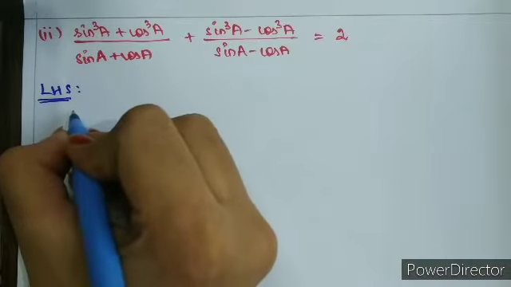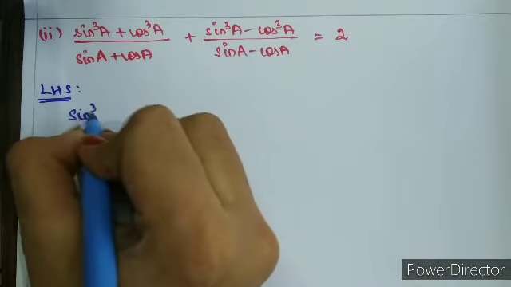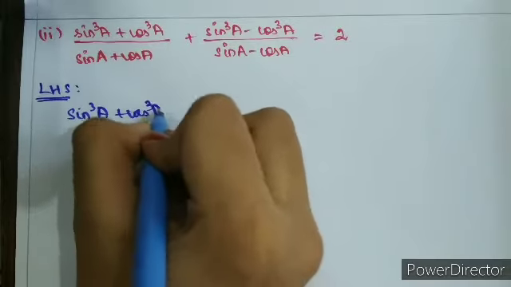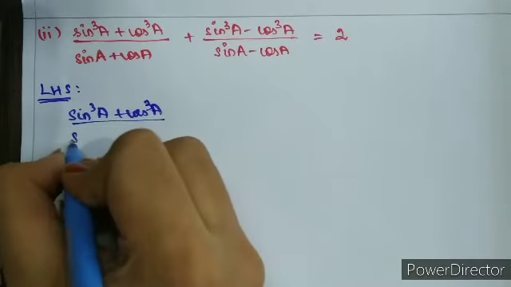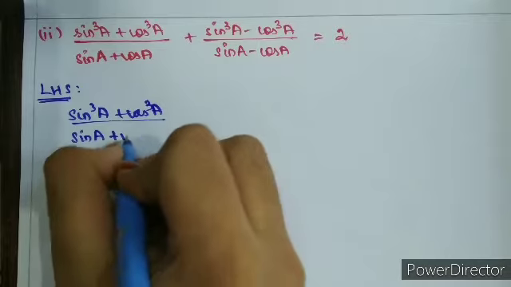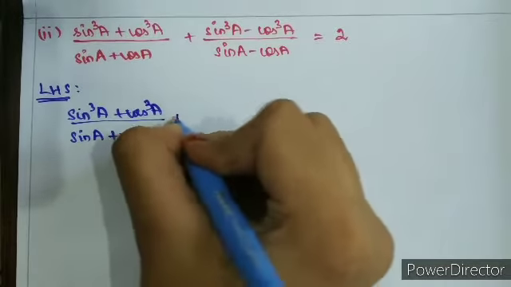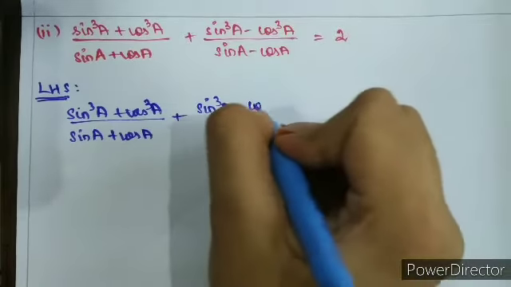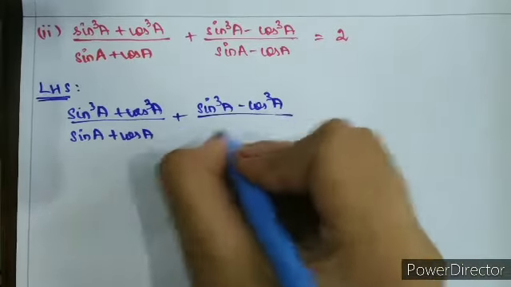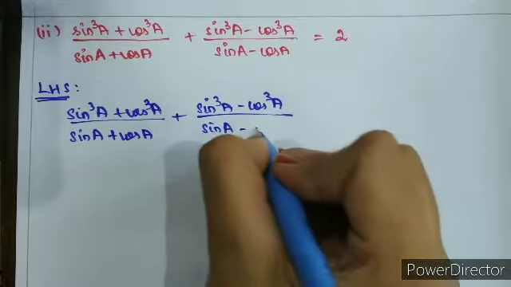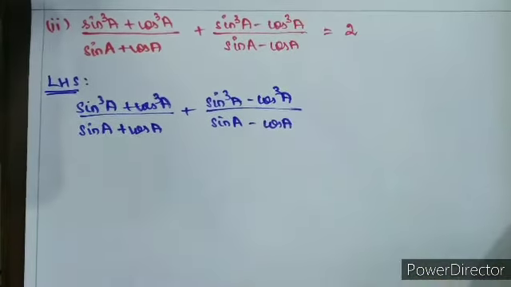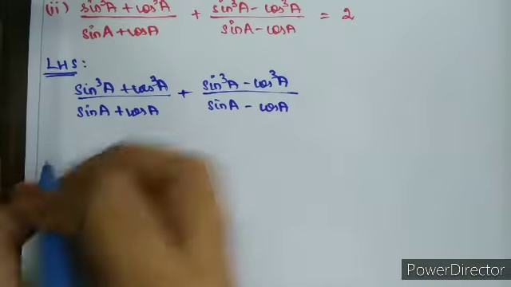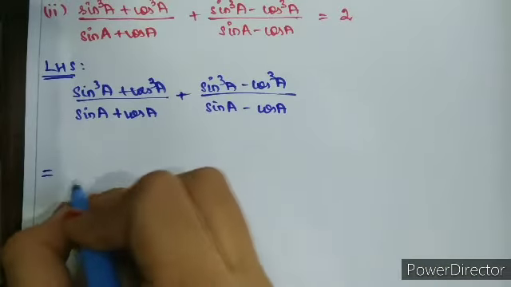LHS is sin cube A plus cos cube A divided by sin A plus cos A plus sin cube A minus cos cube A divided by sin A minus cos A. So here we have a plus sign and different denominators. So we have to take LCM for simplification.